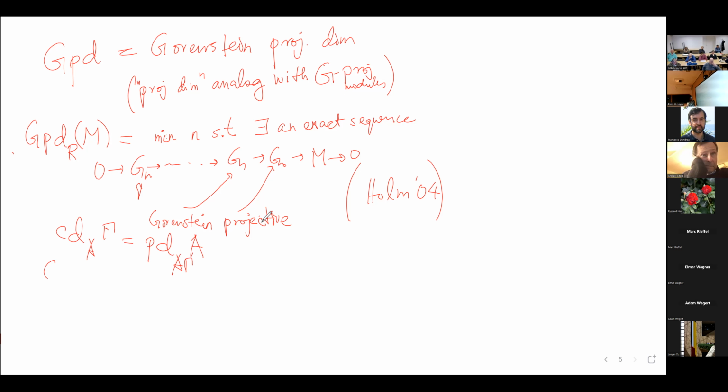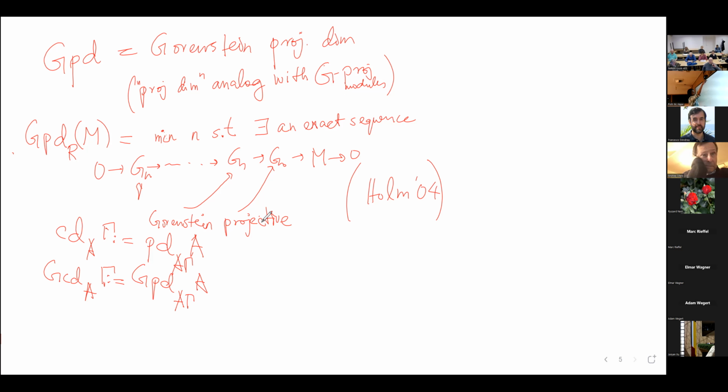Similarly, the Gorenstein cohomological dimension of a group with respect to a commutative ring A is defined as the Gorenstein projective dimension of A as an AΓ-module. Why am I telling you about Gorenstein cohomological dimension? Well, the result by Talelli and Emmanouil that I wanted to mention gives us a very nice connection between the Gorenstein cohomological dimension and the Sylv and Splf invariants.